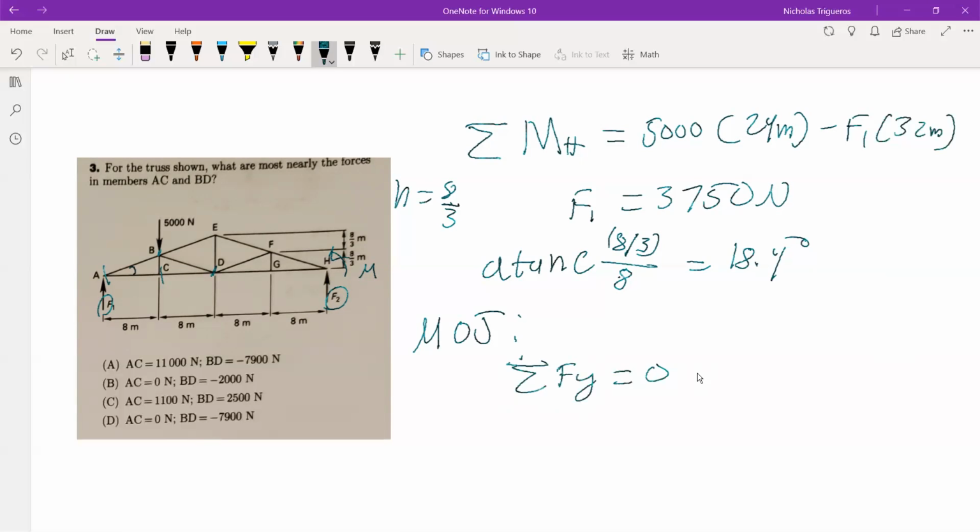It's equal to 0. It's also equal to F1 plus link AB times sine of 18.4. And with this, we can get force AB. Does this make sense? Yeah.